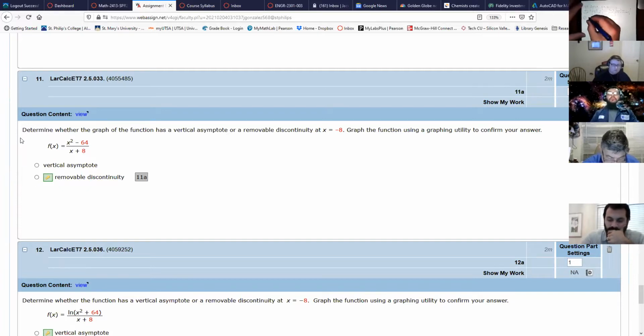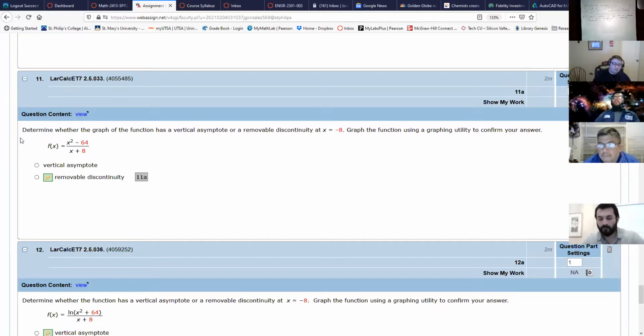So determine whether the graph of the function has a vertical asymptote or a removable discontinuity at x equal to -8. So it's still telling us to graph it, but the removable part we can do.